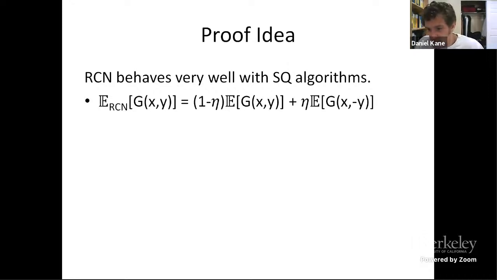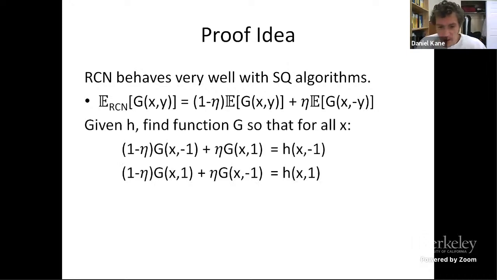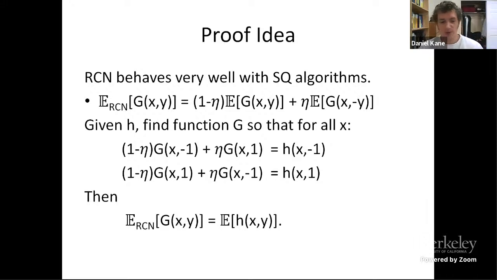Now, if you combine these together, what you get basically is that, given any function h, we can try and find a function g such that these two equations hold for all x. And you can solve for g just using linear algebra. Then if you plug this into the above formula, you'll note that the expectation of g of x, y with random classification noise is the same as the expectation of h of x, y without any noise.